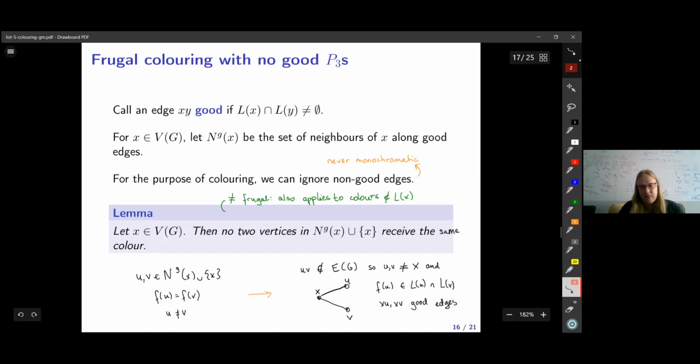So that's kind of much nicer now. We've now gone to the graph of good edges, and here, for each vertex, all its neighbors get different colors, which should make coloring very easy. It doesn't, but it makes it a lot easier for 5 coloring, as I'll tell you in a second.